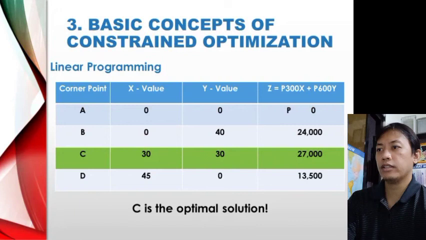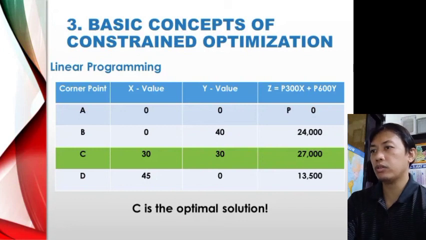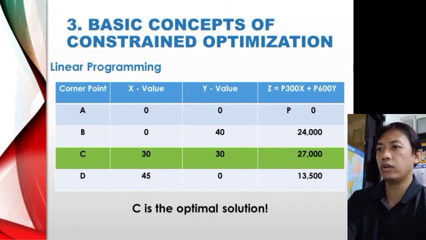So as you can see here in the table, it represents their profit value. As you can see, at letter B, X is 0 and Y is 40. The profit is 24,000. And at letter C, the X value is 30 and Y is 30. So the profit is 27,000.